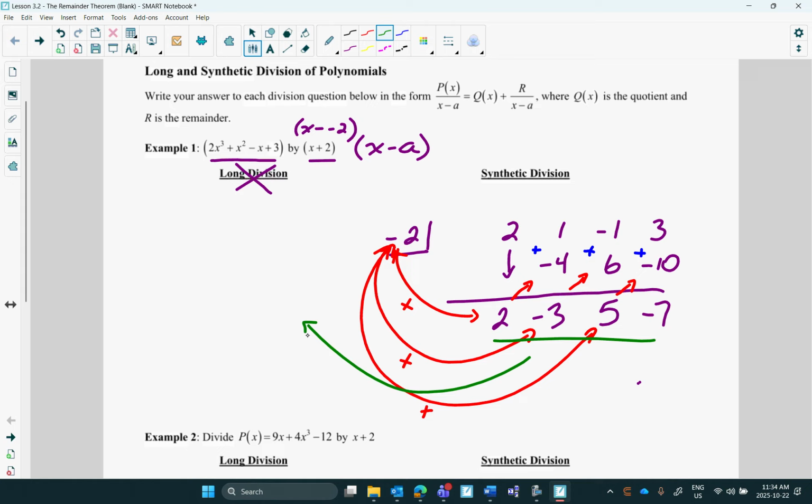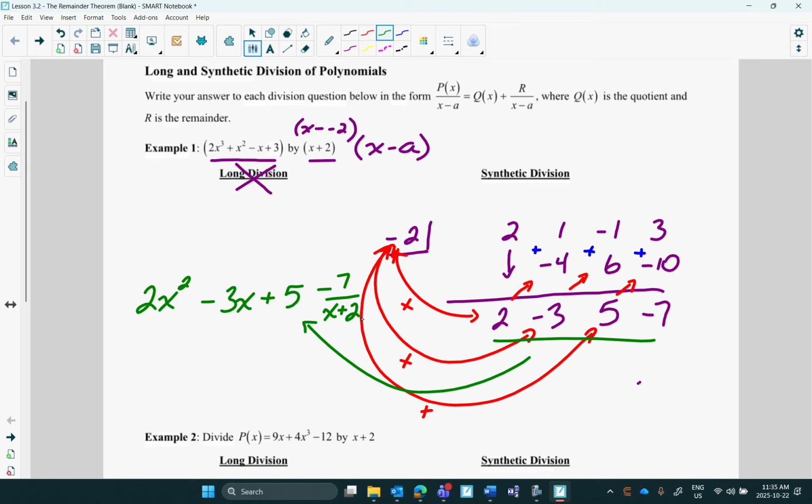So 2, 1 less than the highest exponent, 2x squared. And then work your way down. Minus 3, 1 less, x to the first, or just plain old x. And then here is your constant, plus 5. And here's your remainder. And how do we write the remainder? We write the remainder over what we divided by, like so. And that's our answer.